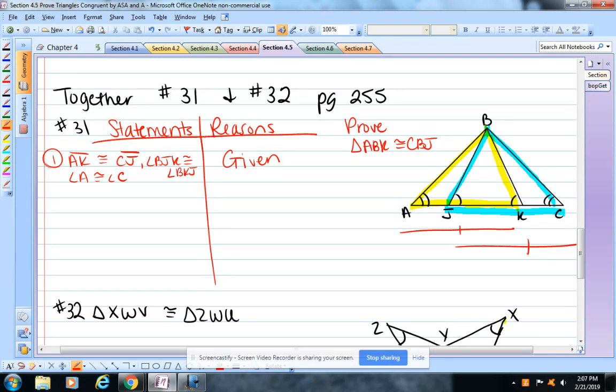The question is, by what reason? Which one of those reasons will I use for triangle congruence? Angles? The sides? Are the sides between them and angles? So which one? Angle, side, angle. So now I can already say it. Triangle ABK is congruent to triangle CBJ because of what reason?